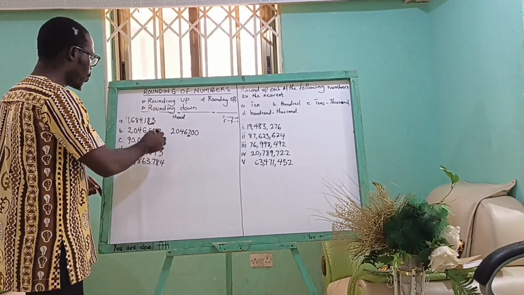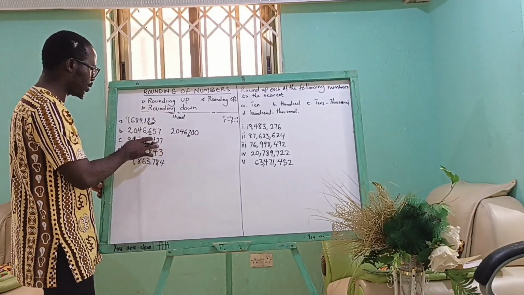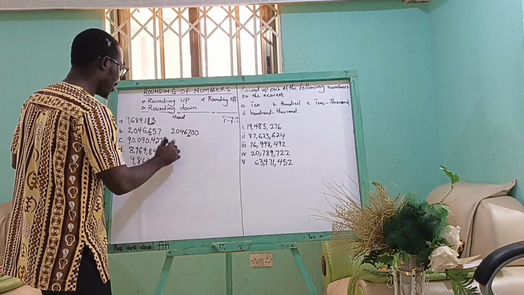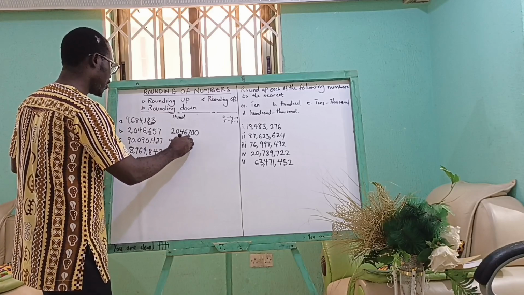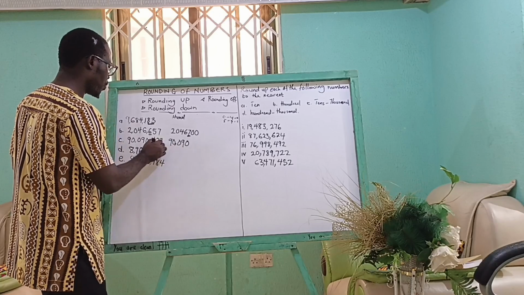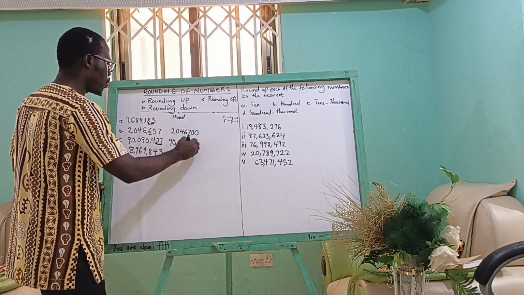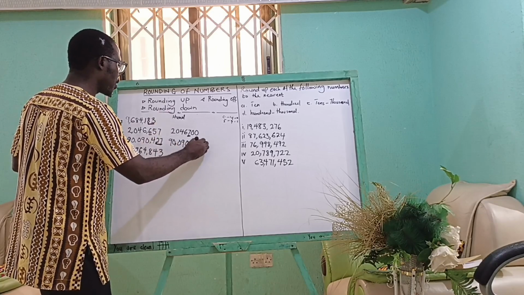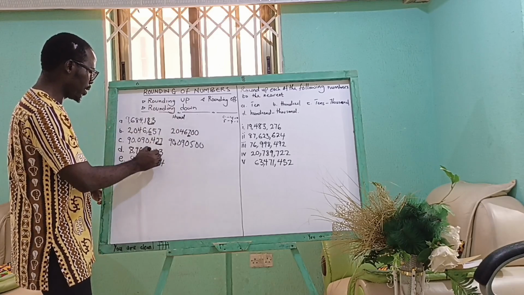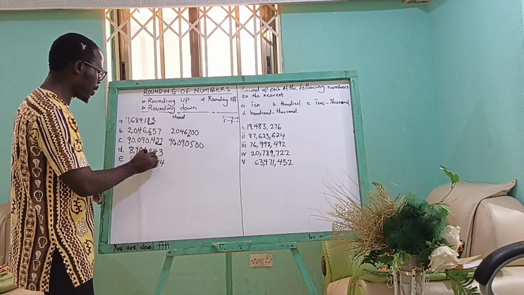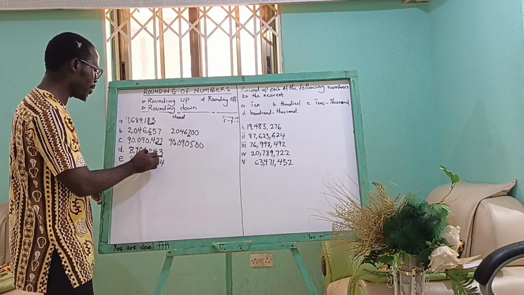All right, so we can complete these ones quickly. So we have 90,090. So these two will now cause the 5 to increase by 1. Good. The same thing applies to this. Let's say we are considering the thousands here.